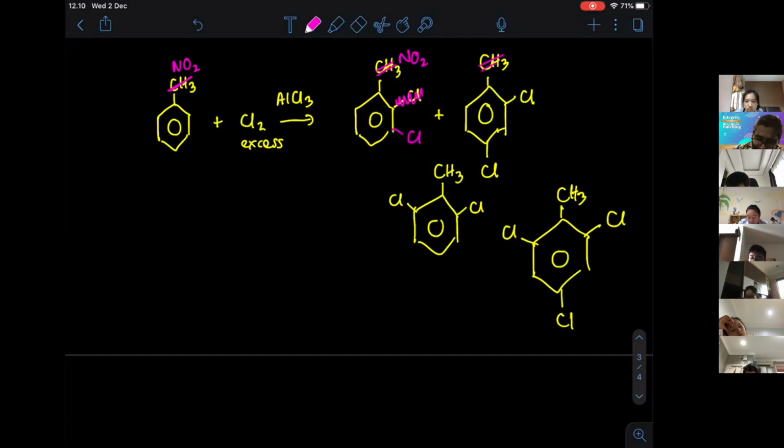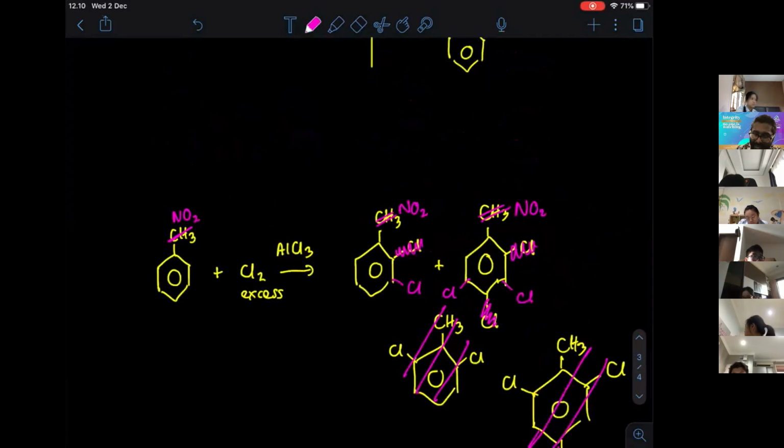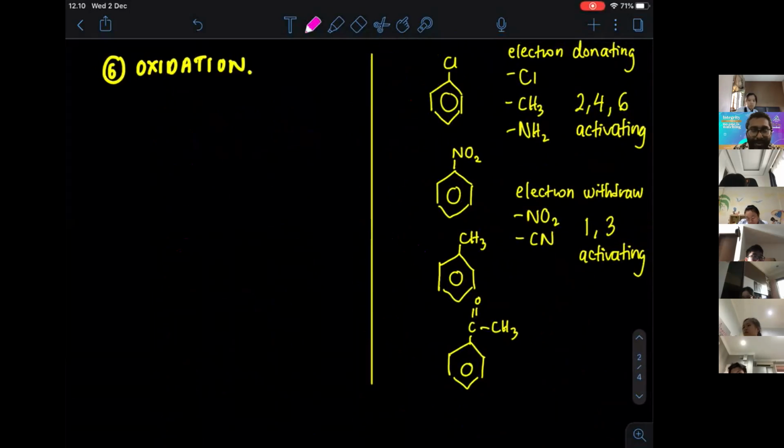Maybe I get the Cl over here, positions 3 and 5, 3, 5 activating. So these are the things that you need to take note of. This electron donating group and electron withdrawing group will affect it in that way.